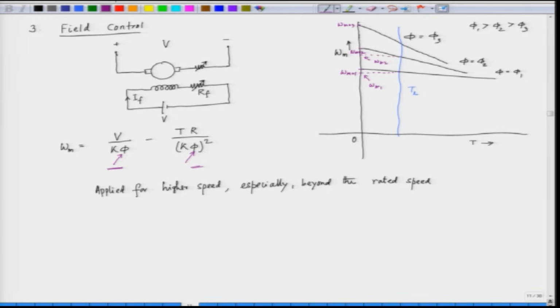When the flux decreases again, we get still higher speed, which is omega m 3. So, by controlling the field we get higher speed. This is about the shunt motor or separately excited motor control.